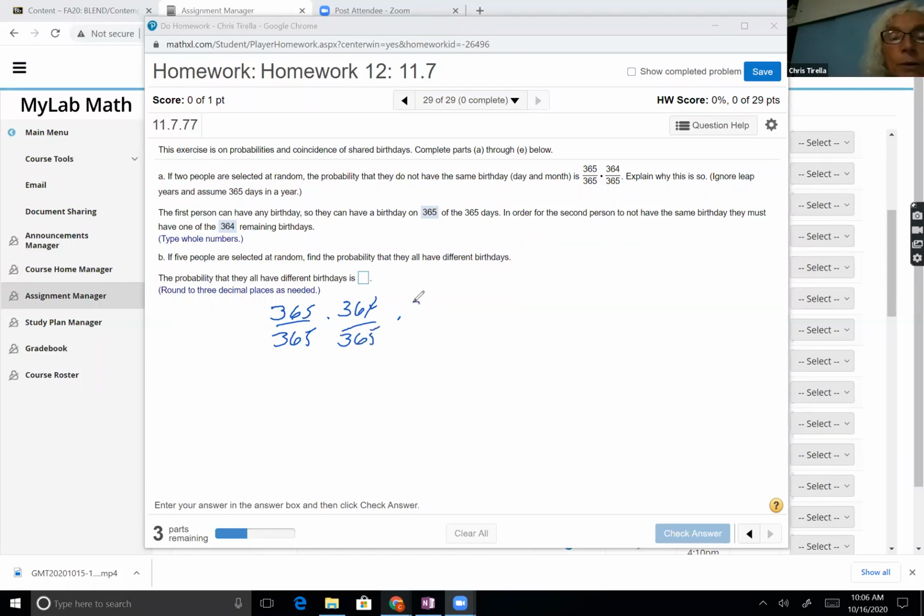The third one can be 363 out of 365. Then 362 out of 365. Then 361 out of 365. Does that make sense? It's just what you did with the first 2 birthdays, except we're going to have 5 fractions instead of 2.